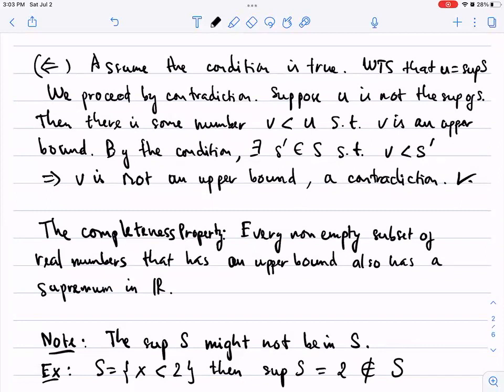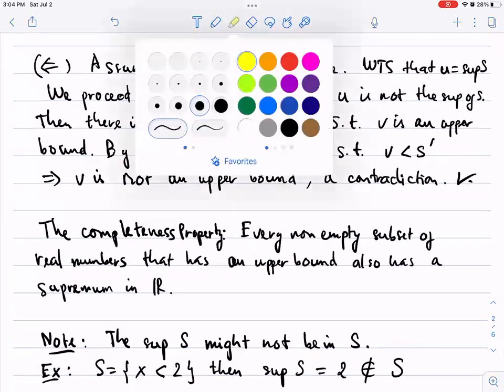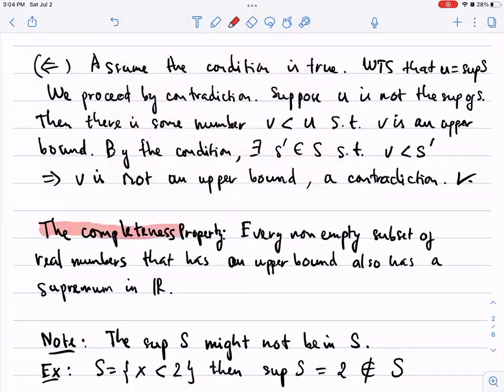It says that every non-empty subset of real numbers that has an upper bound also has a supremum inside this set of real numbers. So this is a very non-trivial statement.